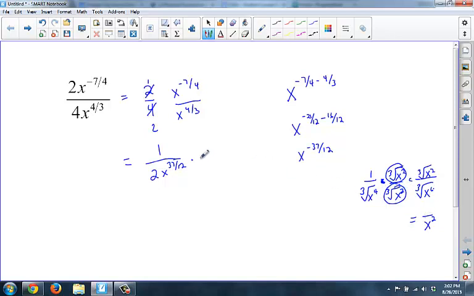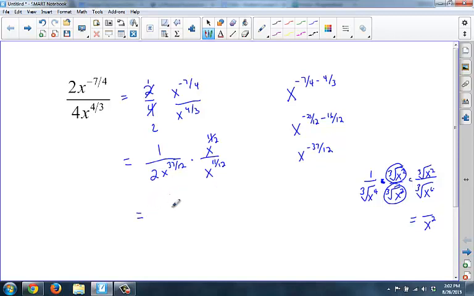So here, back in our original problem, I'm going to multiply by something that's going to give me an integer exponent. So 37/12. I got to think, what's the next biggest number that is divisible by 12? Well, that would be 48. So if I put an 11 there, 11/12 and 37/12 is 48/12, or 4. So I'm going to multiply the top by x to the 11/12 and the bottom by x to the 11/12.